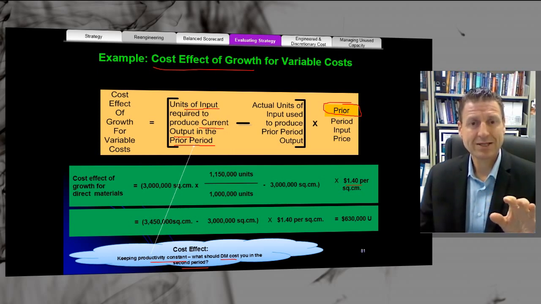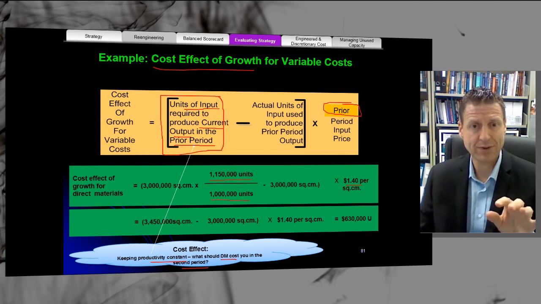All right, so to calculate this part here, what we do is multiply the current period divided by the prior period, and then multiply by the units. And so this is a fraction that adjusts how much we should have used in the prior period.